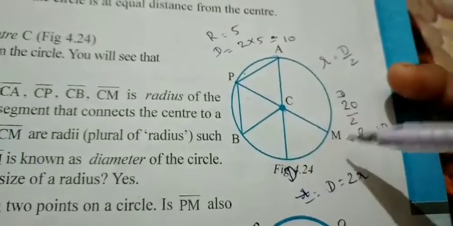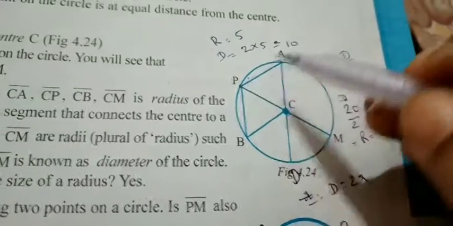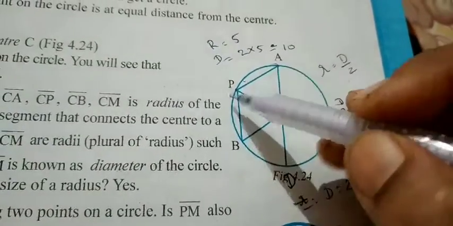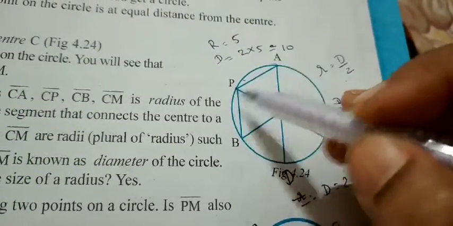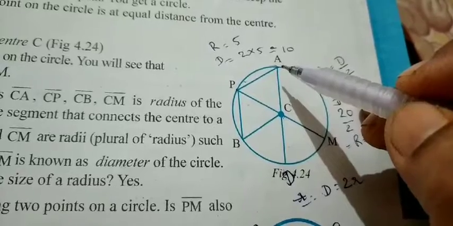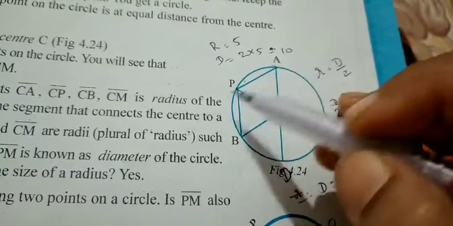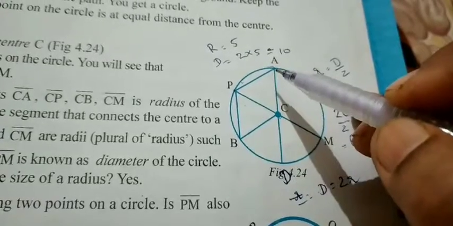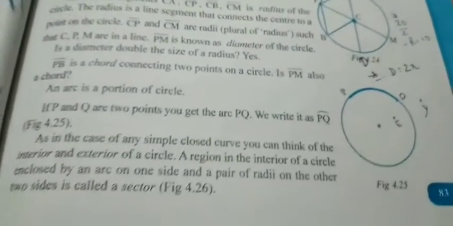Even PM is considered to be a chord. A chord is the line segment formed by 2 distinct points lying on the circle. When you connect 2 distinct points lying on the circle, that connecting line segment is considered to be a chord. Is that clear?